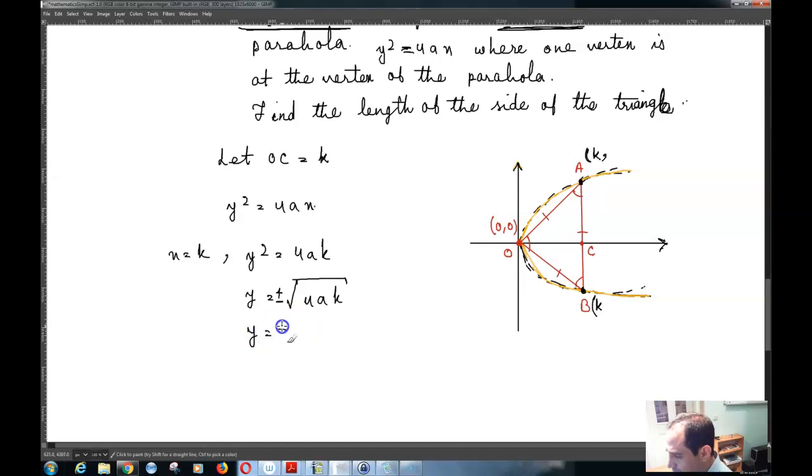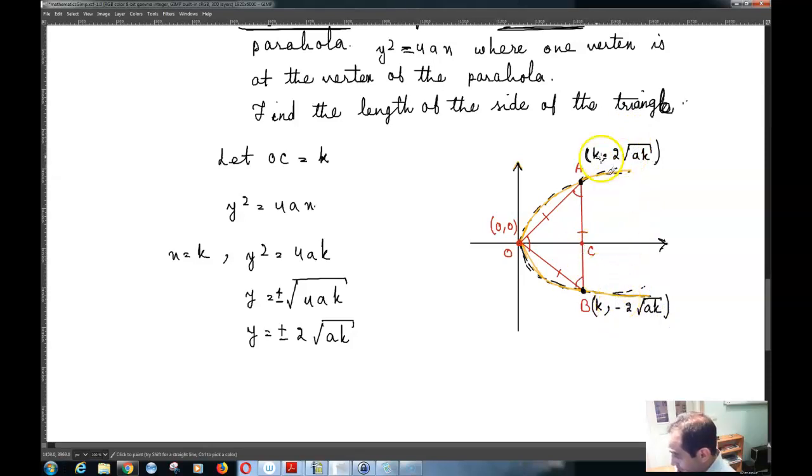So y is equal to plus or minus 2 times the square root of ak. That means this point up here would have y coordinate positive 2 times square root of ak, and this point down here would have y coordinate negative 2 times square root of ak. Pretty neat and clean.